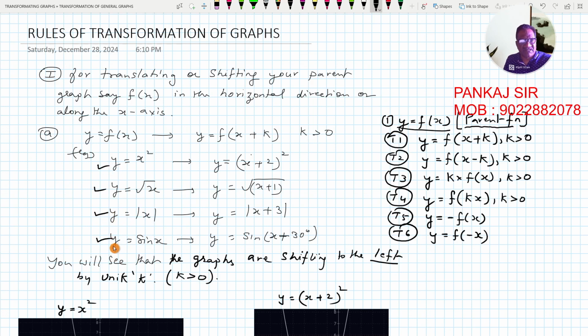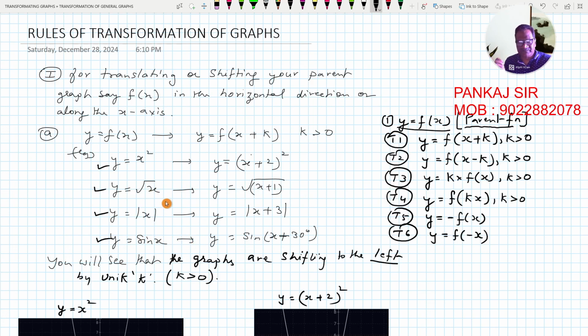These are the four peculiar types of parent functions that I'm going to deal with. And with respect to these four parent functions, I am going to explain the various transformations.